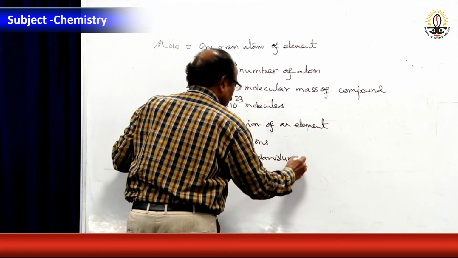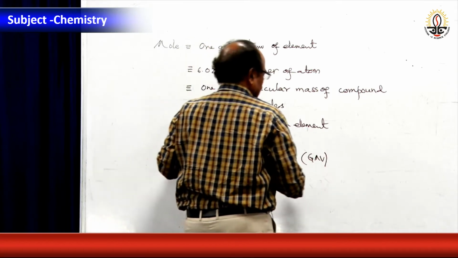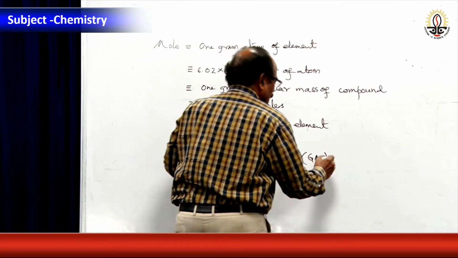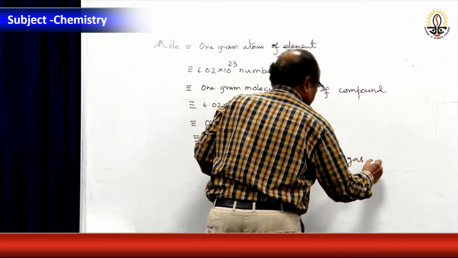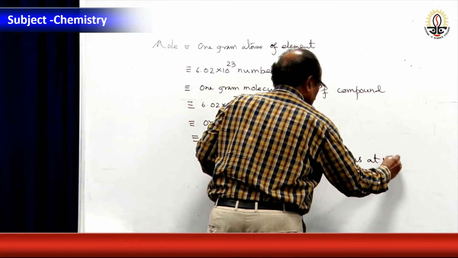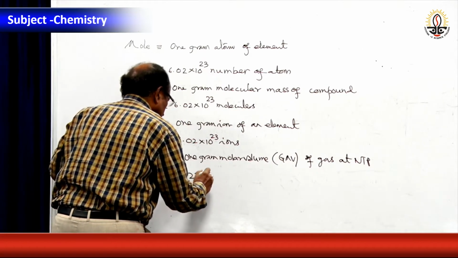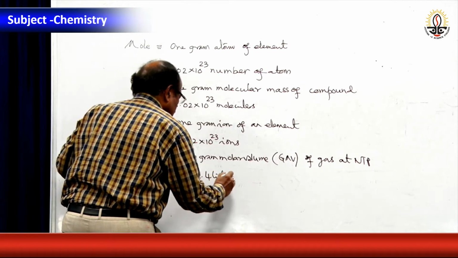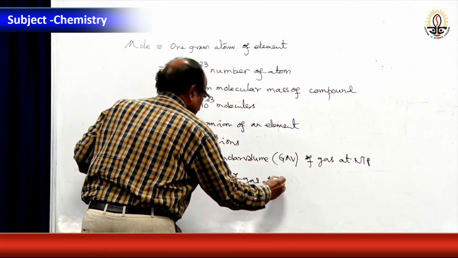We write in short form GMV, and volume of gas at NTP, or that is 22.4 liters of gas at NTP.